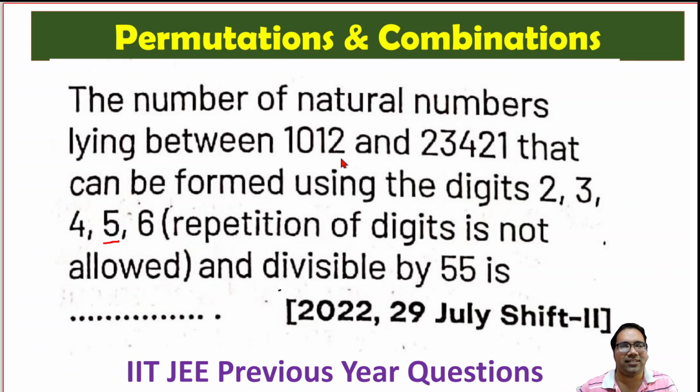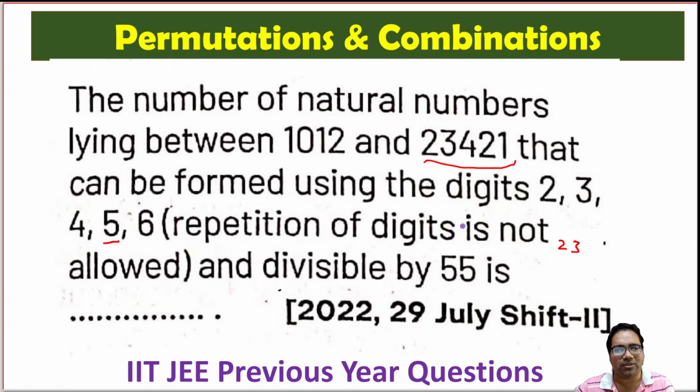Now, if you closely see 23421, any 5 digit number which is starting with 3, 4, 5, 6 is clearly out of question because it will be greater than this. Even if the number starts with 2, then the second digit should be 3 because there is no repetition, then the third should be 4.